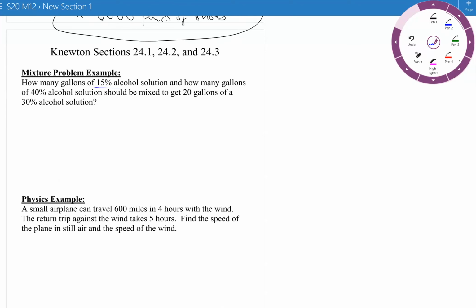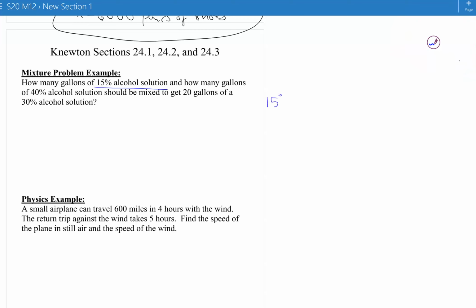And we have 15% alcohol and 40% alcohol. And we want to mix these together and end up with 30% alcohol. So if the number you want is closer to the 40, you'll need more of the 40 in order to end up closer to 40 as your result.